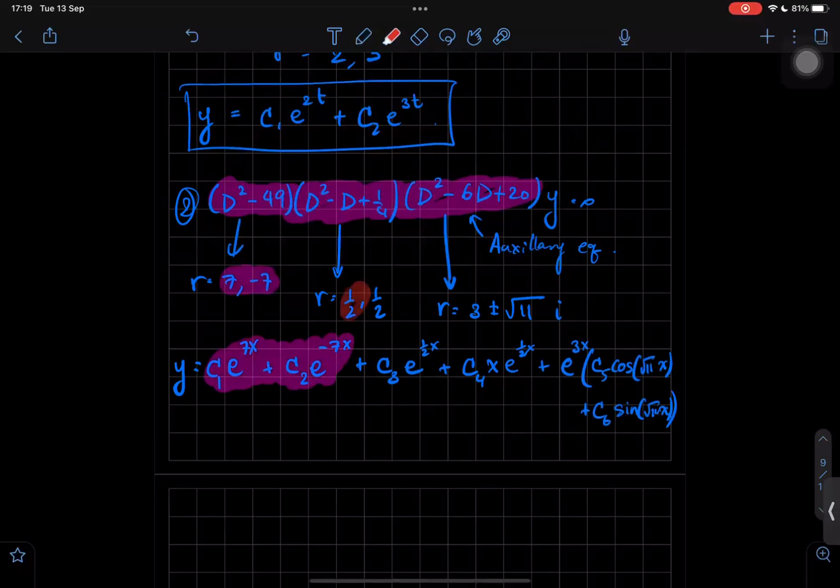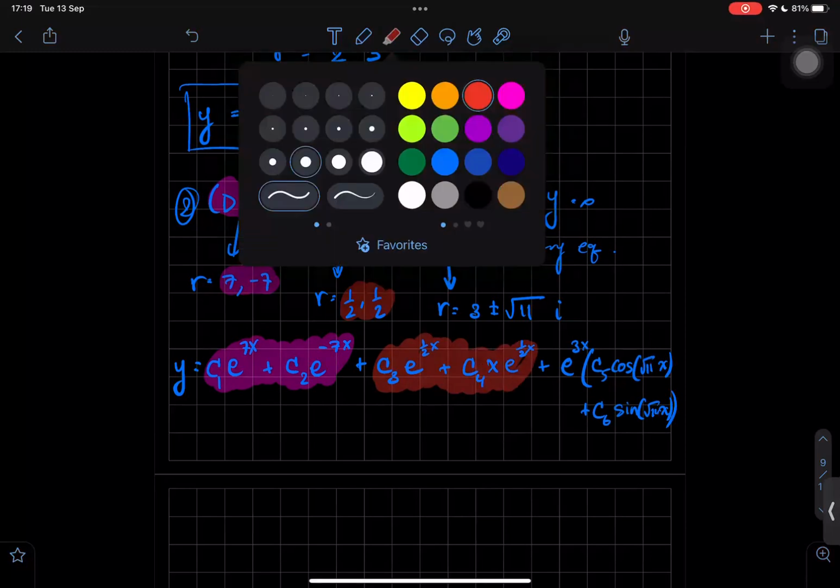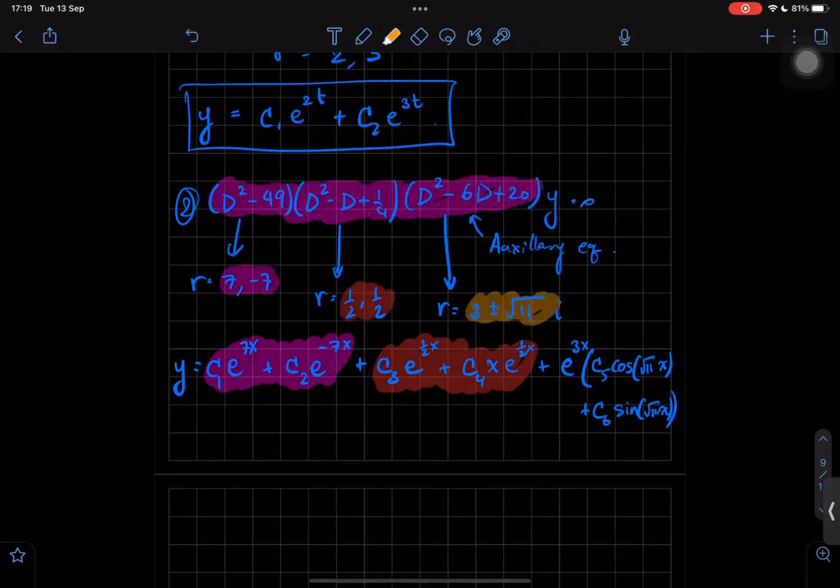You can just add them together. The roots of the auxiliary equation become the answer for the higher order equation.